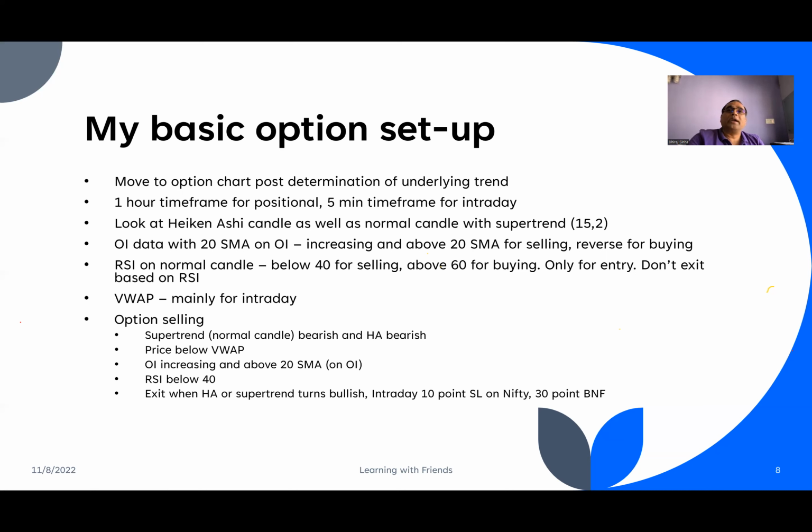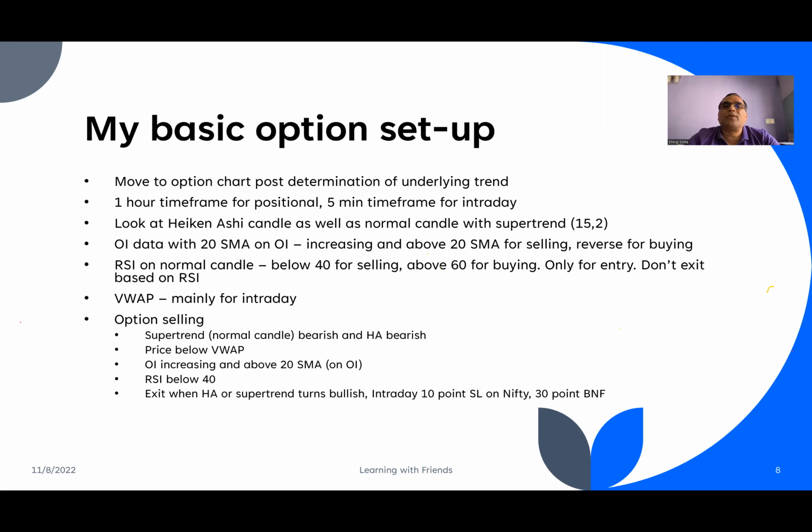In fact, Heiken Ashi works better on the option, because many times the trend would have switched from bearish to bullish on the underlying. But because of the theta decay and things coming closer to expiry, many times your option continues to be in the bearish trend. So you can just ride it. Just to illustrate, let's say Nifty was at 18,000 and you had sold a 17,500 put.